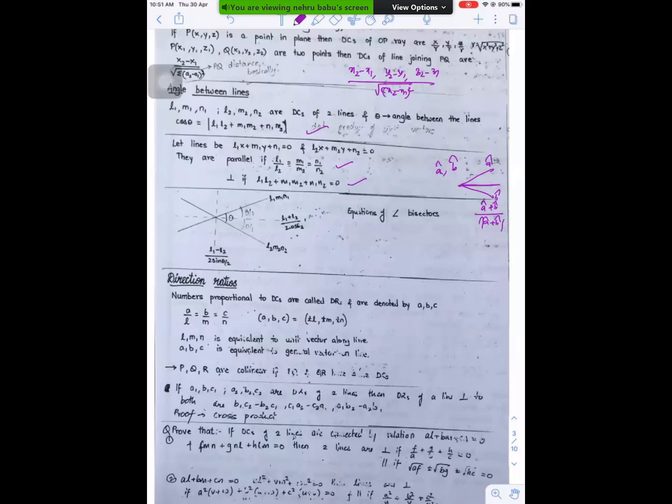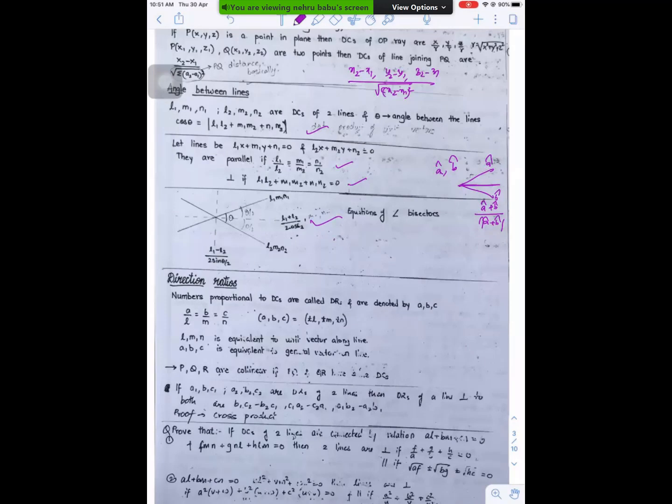So in the same way here also, if theta is the angle between two lines and L1, M1, N1, L2, M2, N2 are the DCs of the two lines, then (L1 plus L2) by 2 cos theta by 2, (M1 plus M2) by 2 cos theta by 2, and (N1 plus N2) by 2 cos theta by 2.